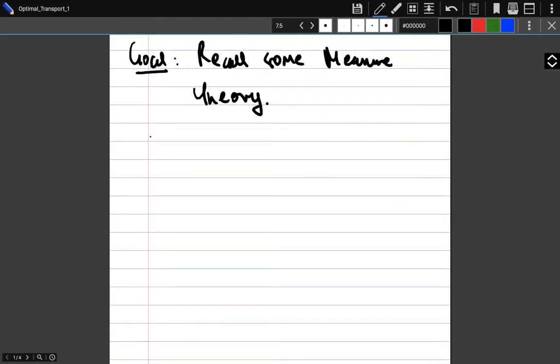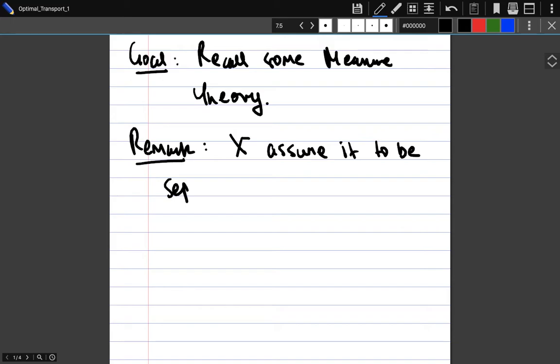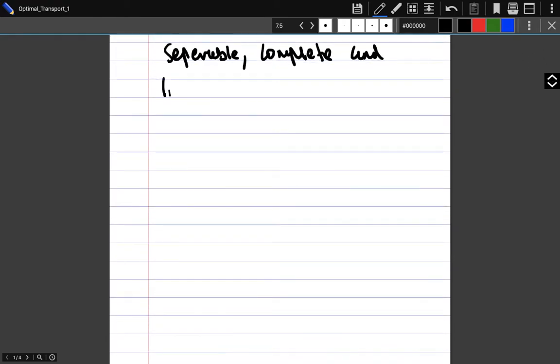So let's probably start with a remark. The thing is, optimal transport will be done on a space, and the space that we'll be working on, the space X, we assume to be separable, complete, and locally compact.